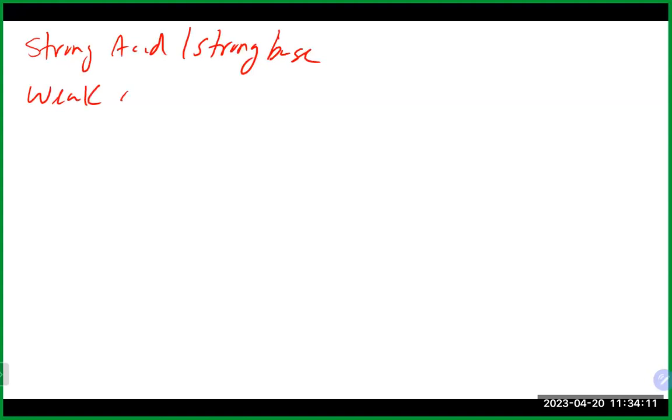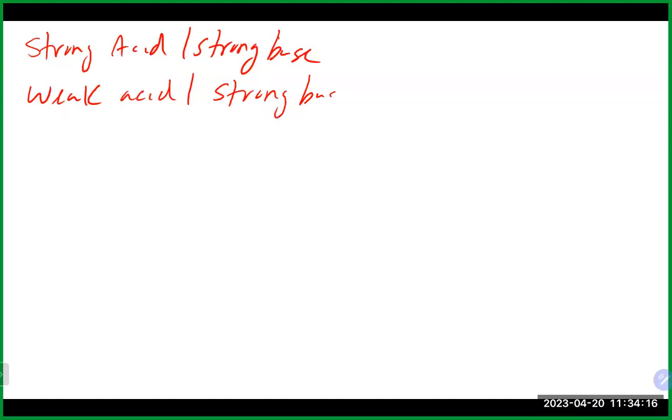Obviously, we've been talking about titrations, and really three different types of titrations. We talked at the very beginning about a strong acid, strong base titration. We also talked about a weak acid and strong base titration.